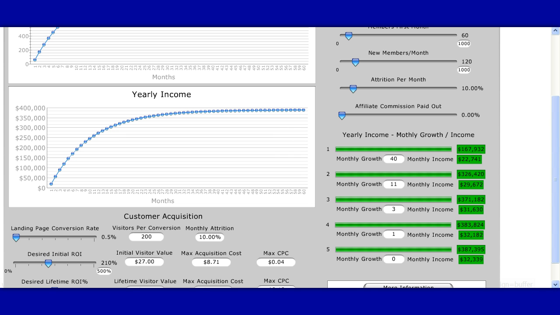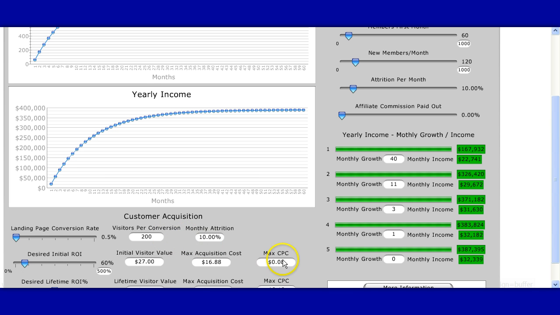As you can see here, if I'm making $27 a sale, how much am I willing to spend to acquire a customer? Let's say I'm willing to spend half. I can change that. I'll go with $16.88.